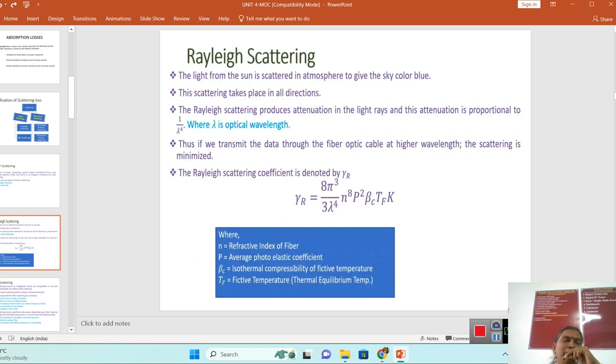We know that lambda is the optical wavelength. If we transmit the data through an optical fiber cable at a higher wavelength, scattering is minimized. So we can take the wavelength of the input signal at a higher wavelength, and automatically this type of scattering can be eliminated.